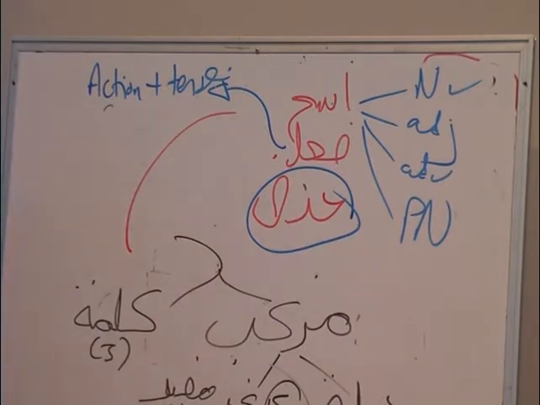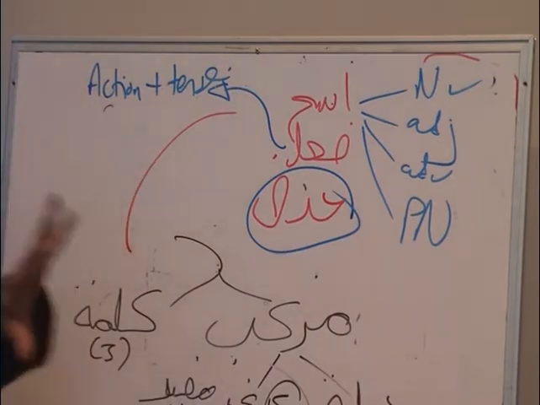So these are things like prepositions, particles. They're small things, like in, on, at, from, or conjunctions, which mean to put things together, like and, or. So these are all particles, these tiny things, and we'll see lots of examples of this.